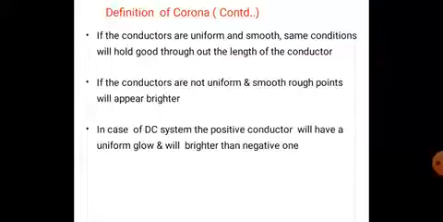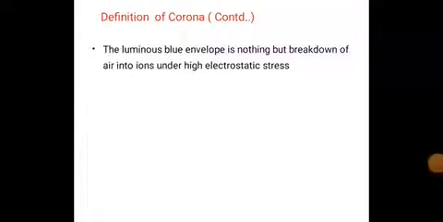If not uniform, rough points will appear brighter. In the case of a DC system, the positive conductor will have a uniform glow, brighter than the negative one. The luminous blue envelope is nothing but breakdown of air into ions under high electrostatic stress.